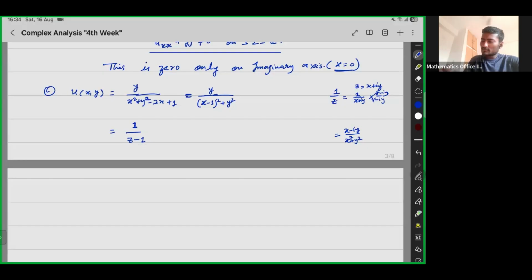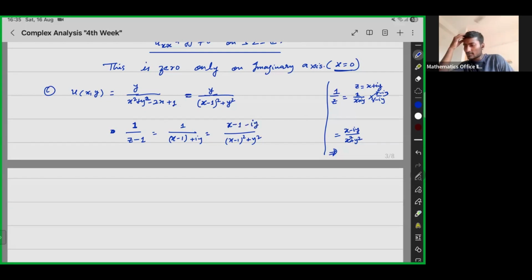So when we have z minus 1, let's say this is our rough work. z minus 1 can be written as x minus 1 plus iy, and then 1 over this we get (x minus 1) whole square plus y square in the denominator. In the numerator we get x minus 1 minus iy.